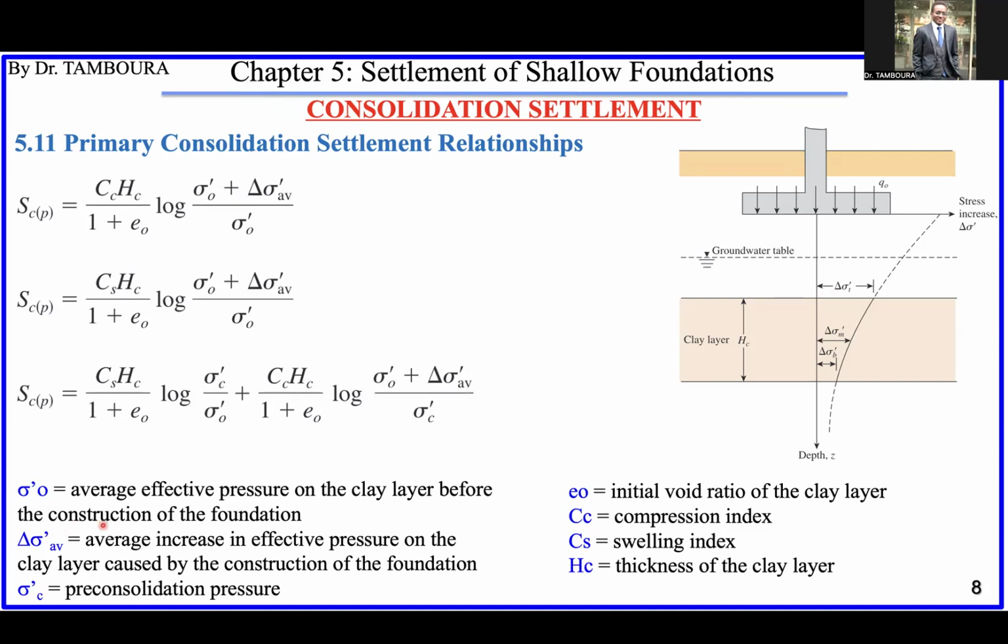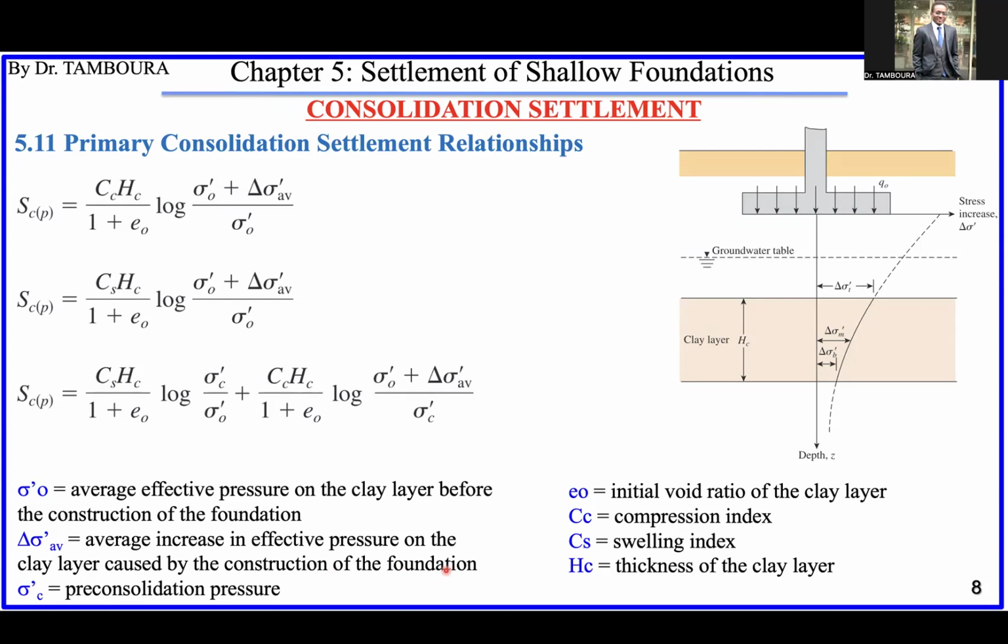And here, delta sigma average is the increase of the load you are bringing. That means the increase in effective pressure on the clay layer caused by the construction of the foundation. Additional stress.